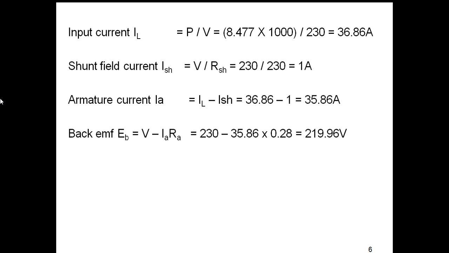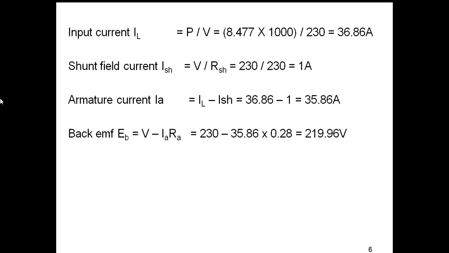And the equation for back EMF: Eb is equal to V minus IaRa. We know the value of V, that is 230, and we have found the value of Ia, that is 35.86.